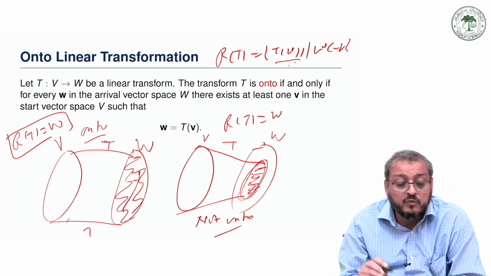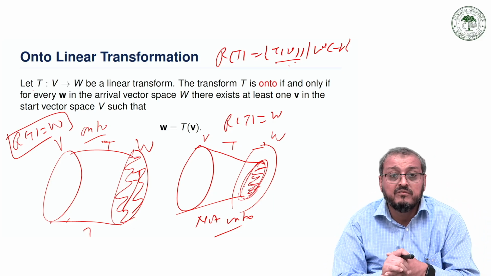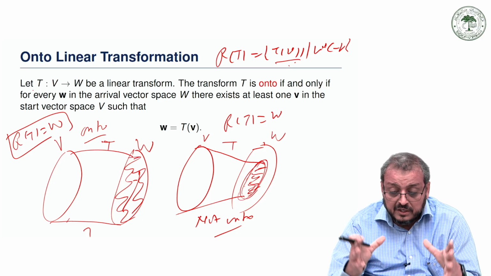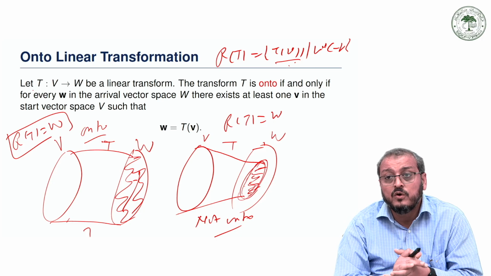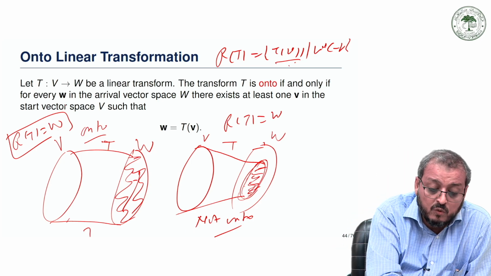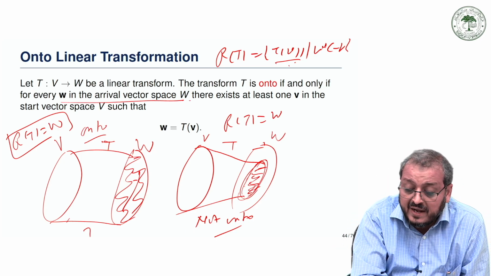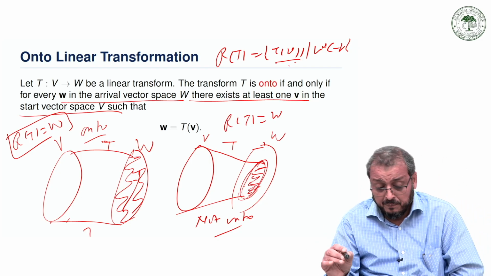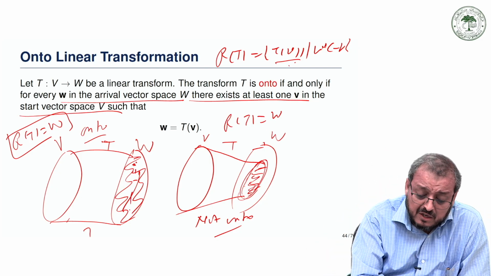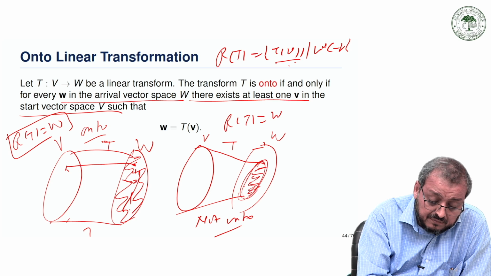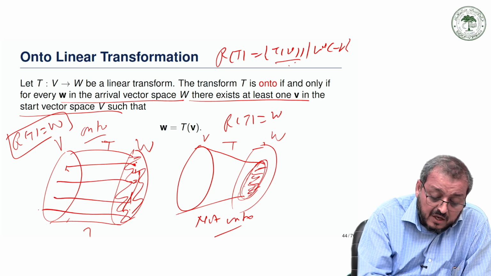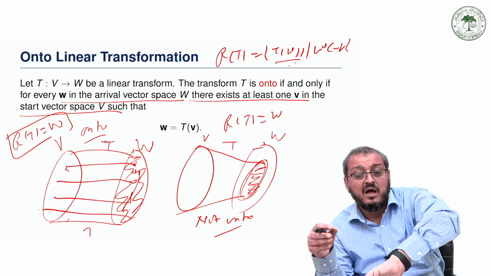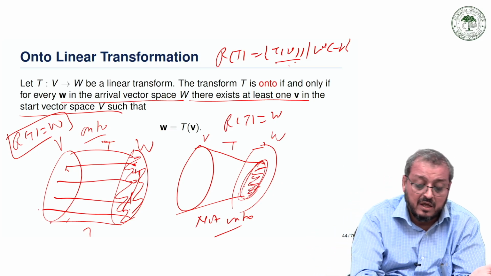So clearly, onto means let T from V to W be a linear transformation. The transformation T is called onto if and only if for every vector W in the arrival space W there exists at least one V in the starting space V. Every vector of W has at least one vector from the domain that maps to it.